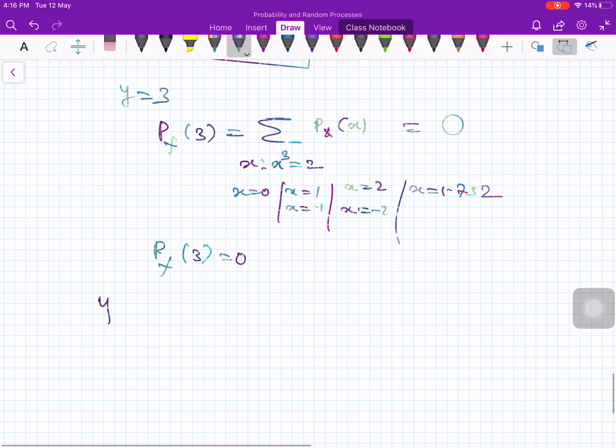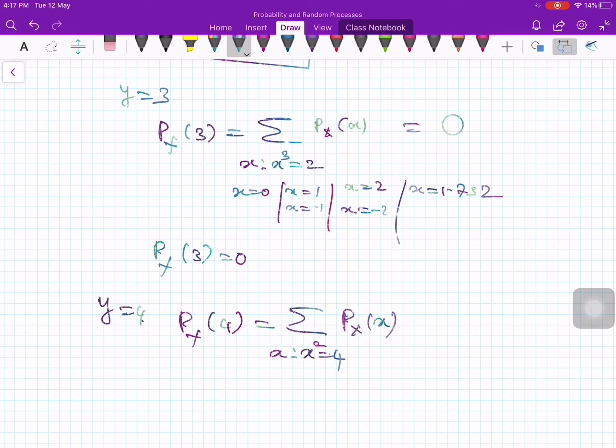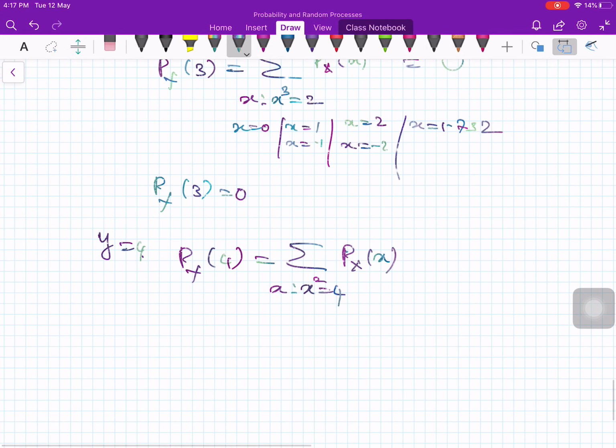Now substitute y equal to 4. In this case, Py of 4 is the sum over the set of all x's such that x square equals 4. Now we substitute the values one by one for all x's.